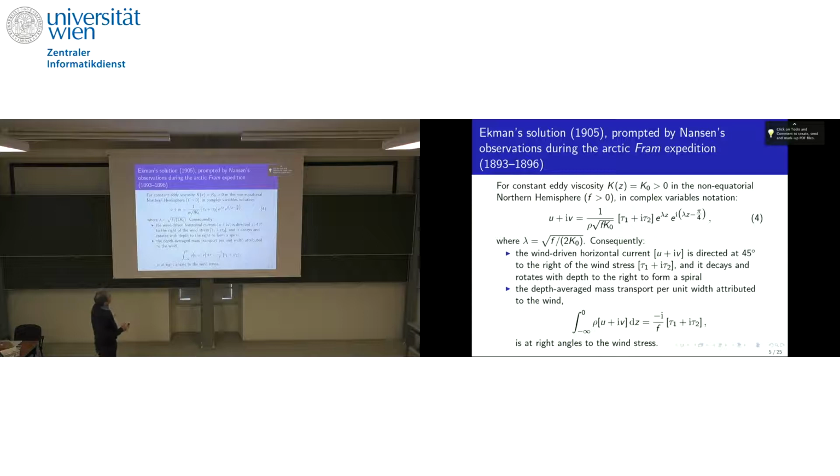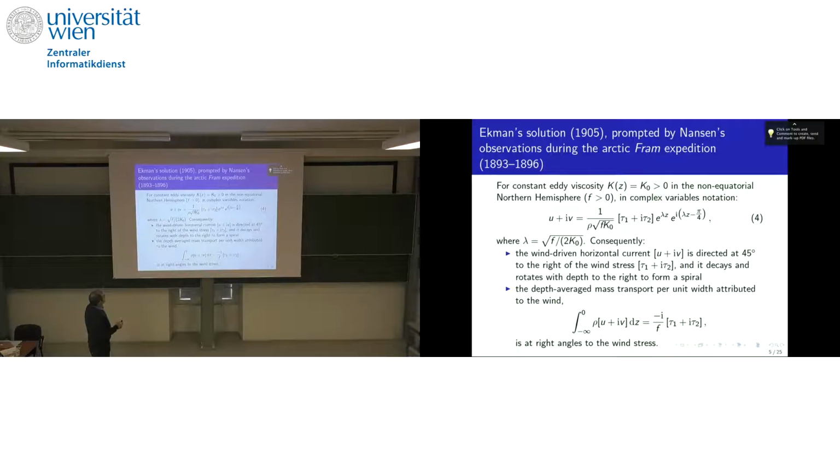One is when you set z equals 0, so you are at the surface, this is 1, this is gone, and this is a rotation. So you can see the relation of the surface current to the wind stress, but most importantly, you can see that there is a deflection of pi over 4.